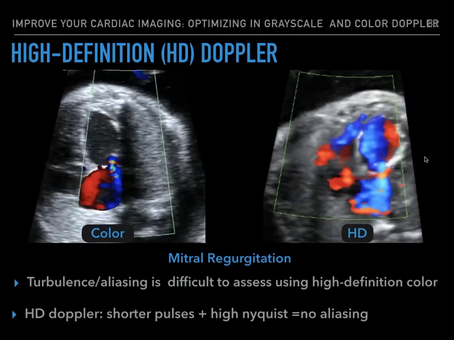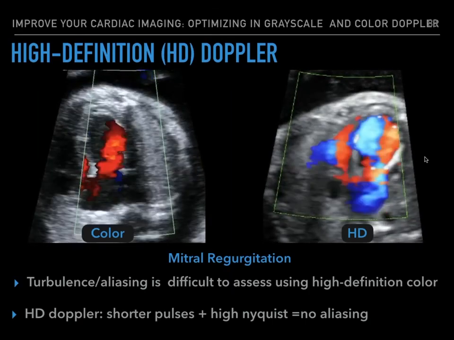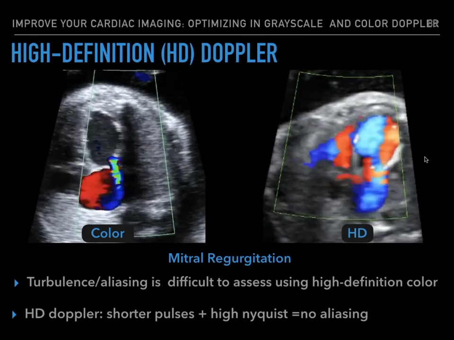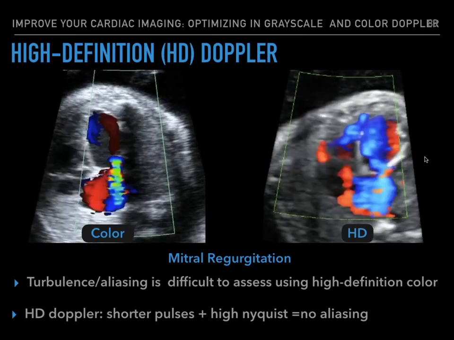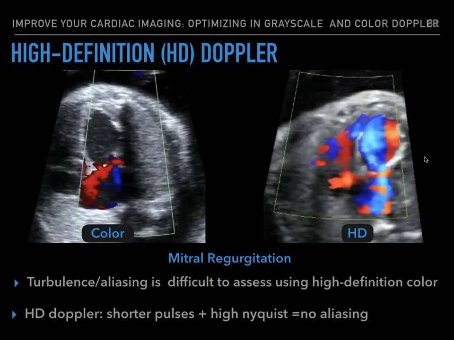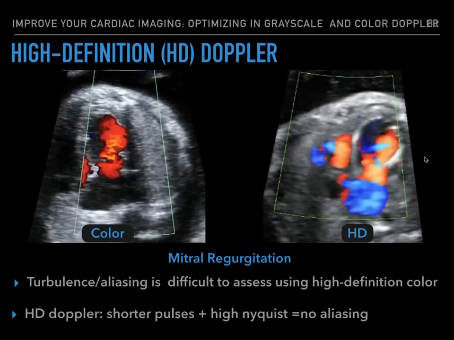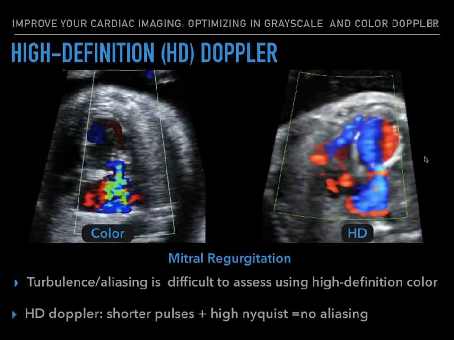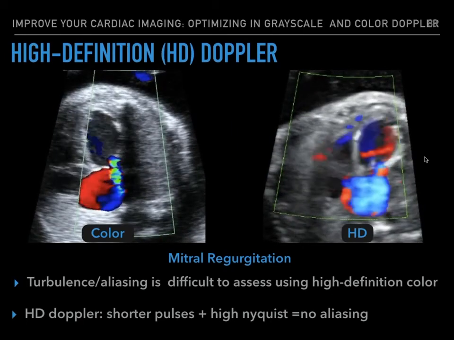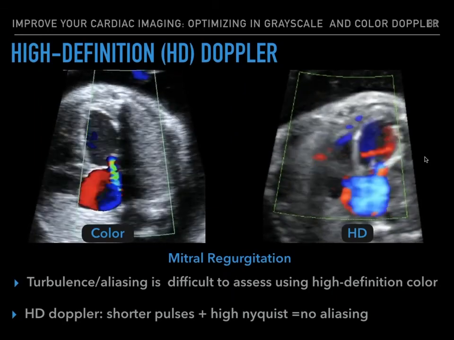I found this very helpful as I look at structures both with high definition Doppler and with color, especially the aortic arch, and how color is able to identify aliasing in comparison to HD Doppler. And this will help in aiding the diagnosis as well.